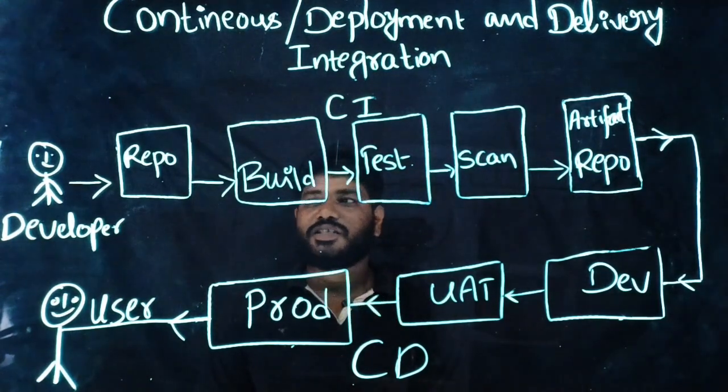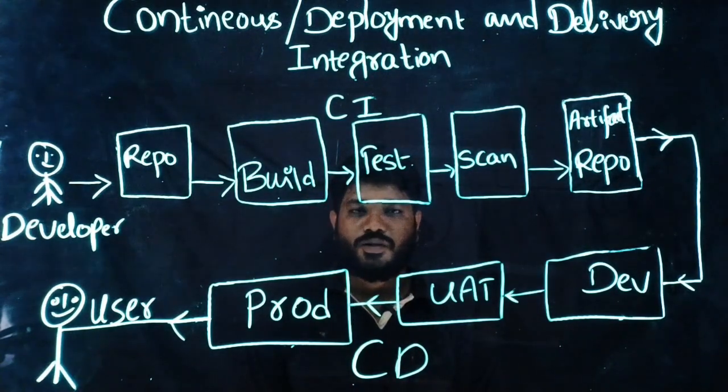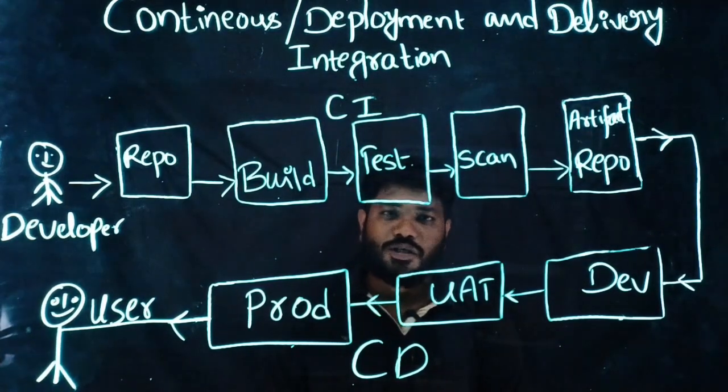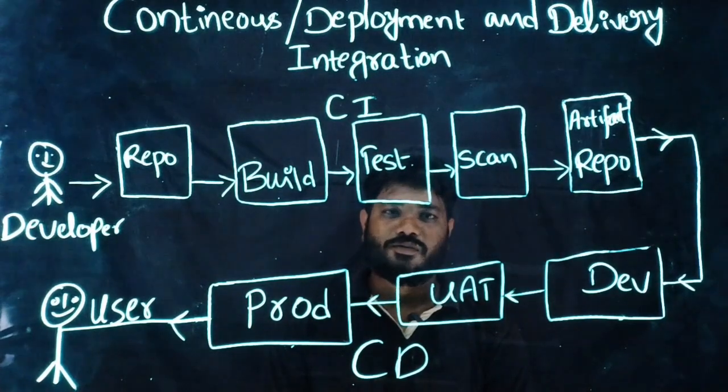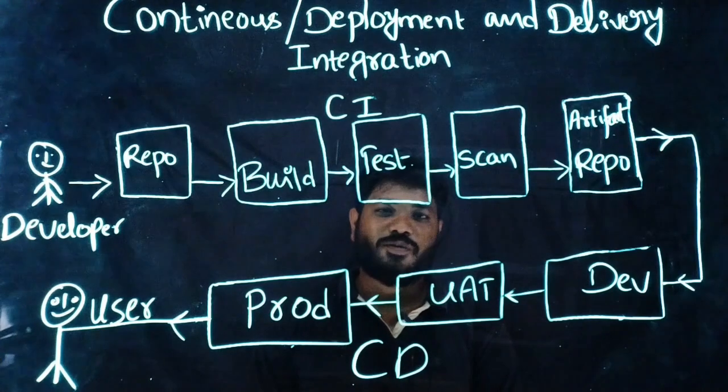In this continuous integration, you integrate your CI tool with a targeted repository, which is a remote repository. So Jenkins is going to watch your repository 24/7.